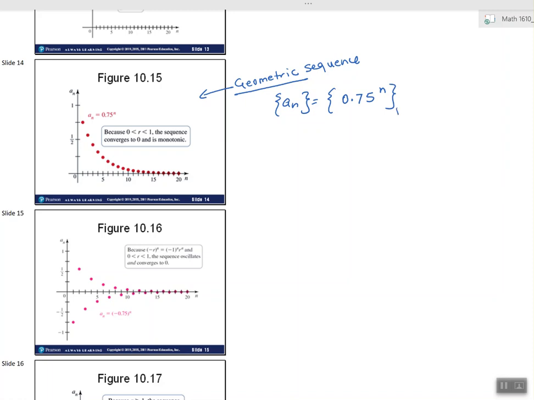As n goes from 1 to infinity, you get the terms for it, and if you graph it, you will notice that it goes down to 0. So if r is between 0 and 1, the sequence will converge to 0 and is monotonic. It will go down to 0 and it will be monotonic. That means it will have one direction only. That means it keeps reducing.